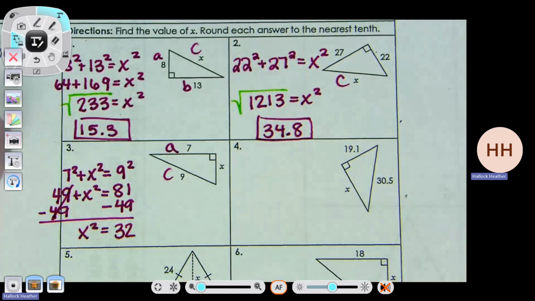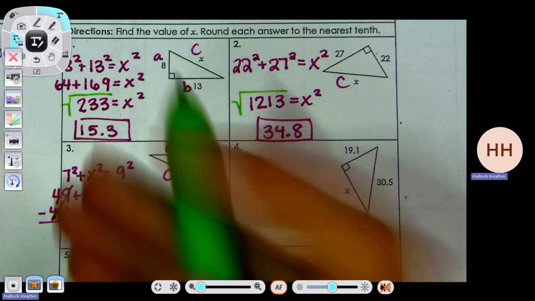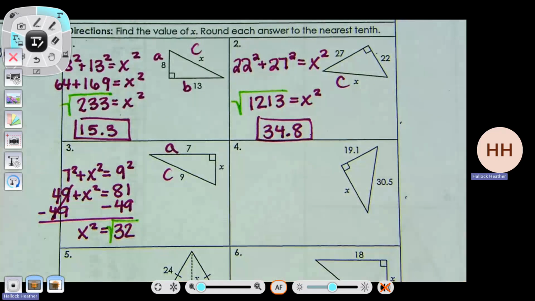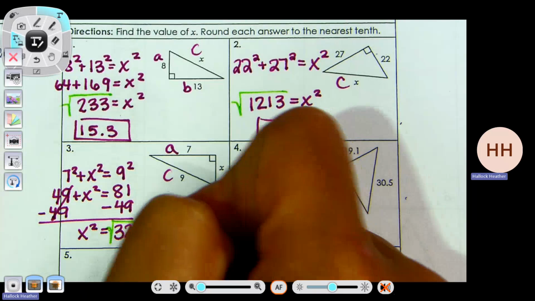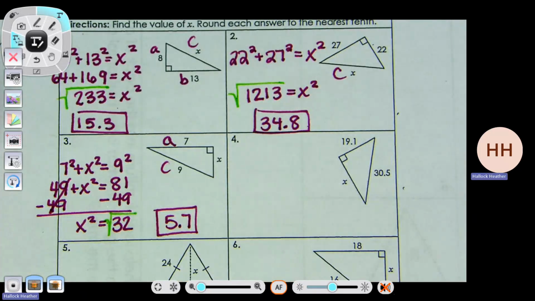And then it's the same last step because I have to get rid of the square, so I have to square root it. So 5.7. Okay, we're improving. Do we feel good? Once again, if you got a really big number, you just forgot to press shift, so you squared 32 instead of square rooting. Try 4. You got this. I believe in you.